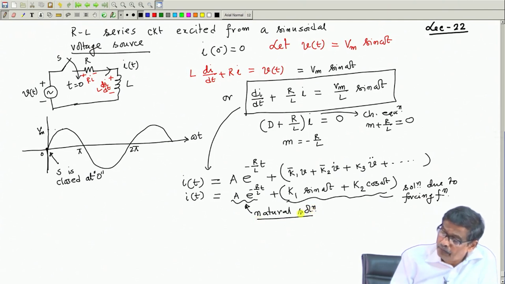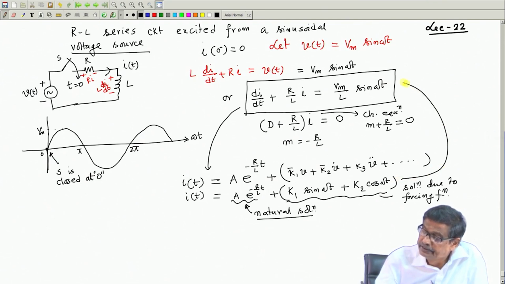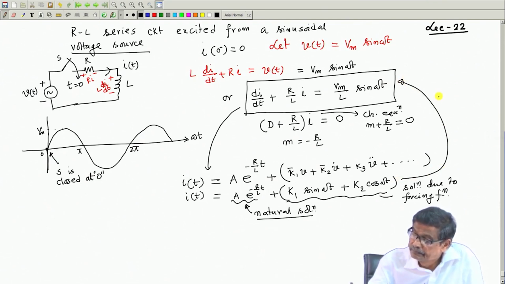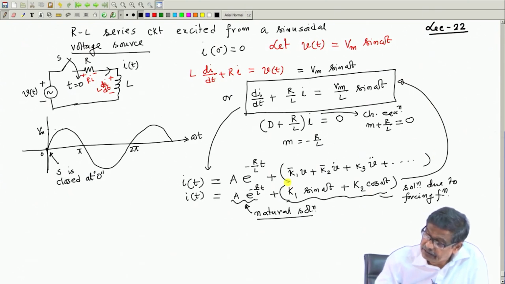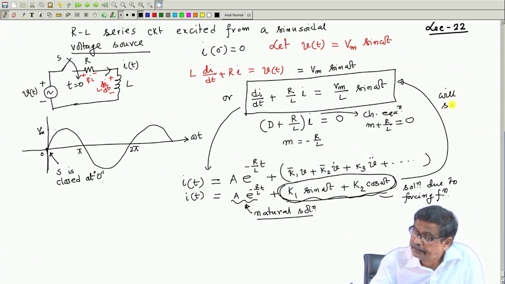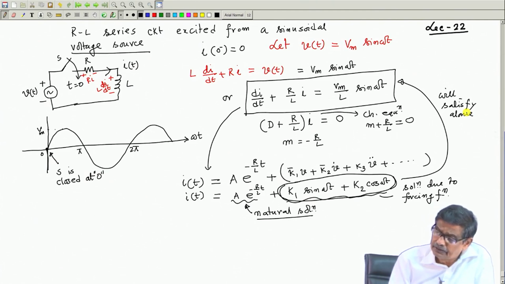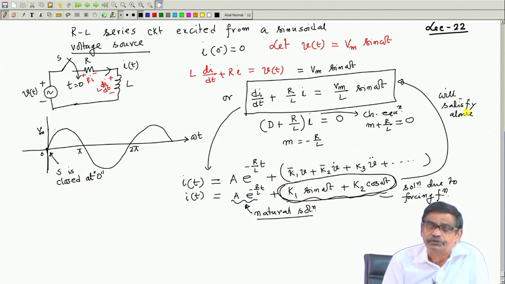Got the point? Now, this forcing function part alone satisfies this equation. This part will satisfy it alone, because the total solution satisfies this, but the natural response, if you substitute it, will give rise to 0.